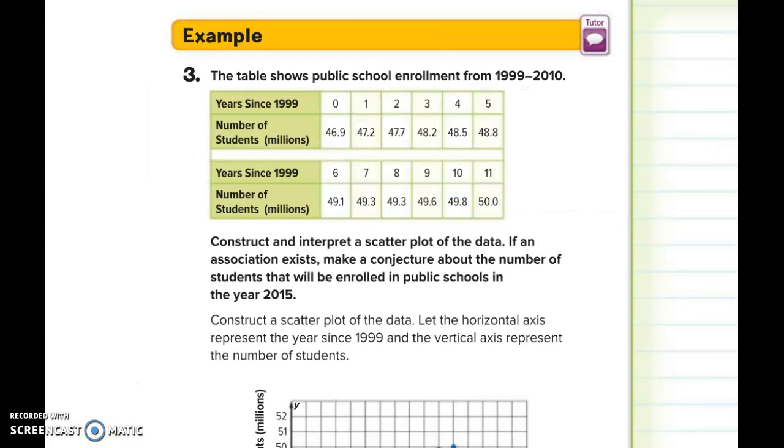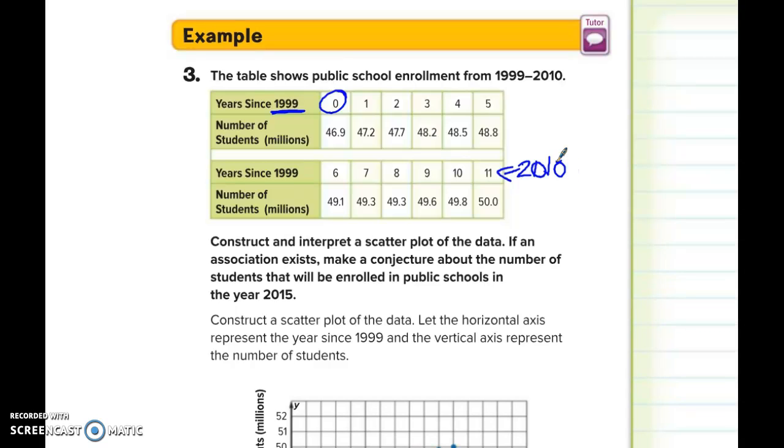The table shows public school enrollment for 1999 to 2010. Our task, so this year, 0, was 1999, and then it goes all the way up until 2010. So even though this is 11, this is year 2010.